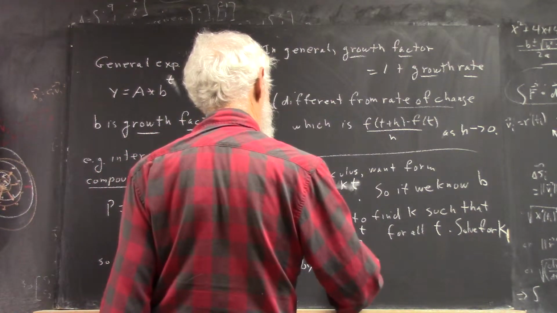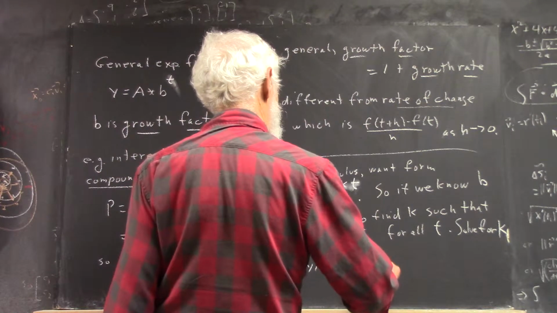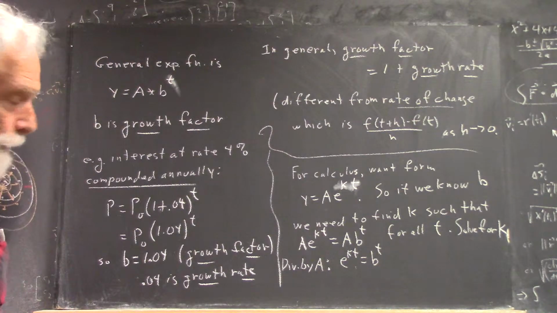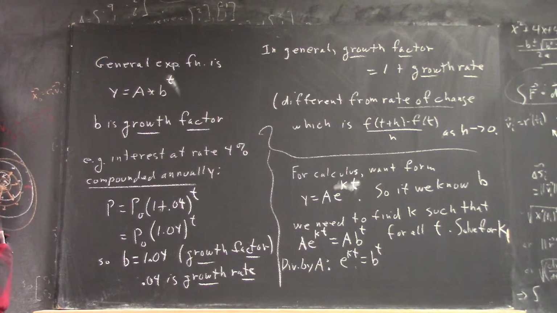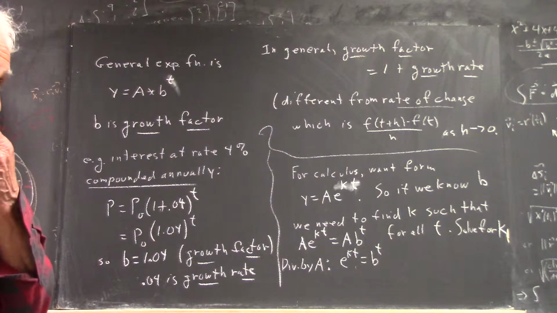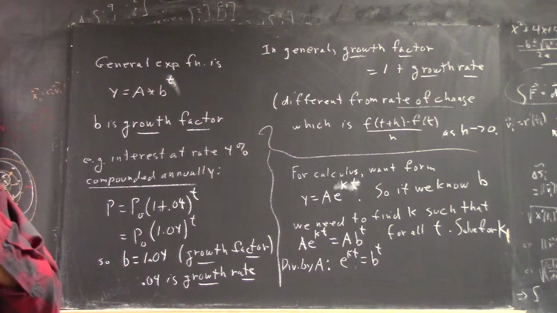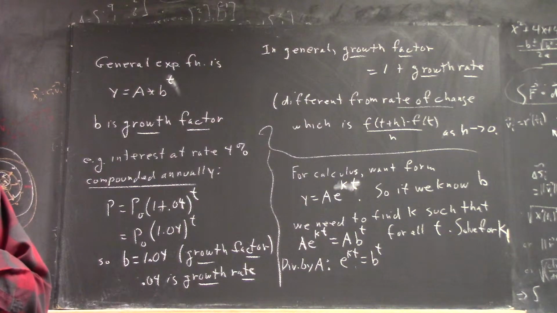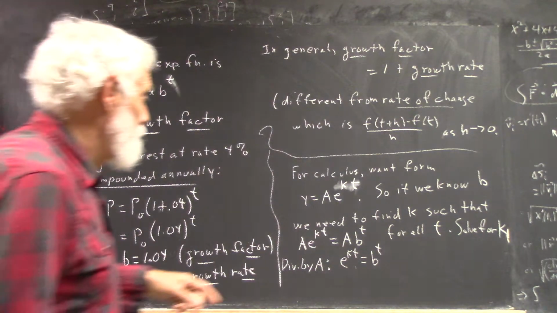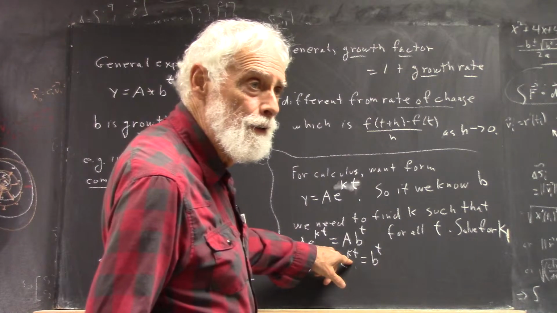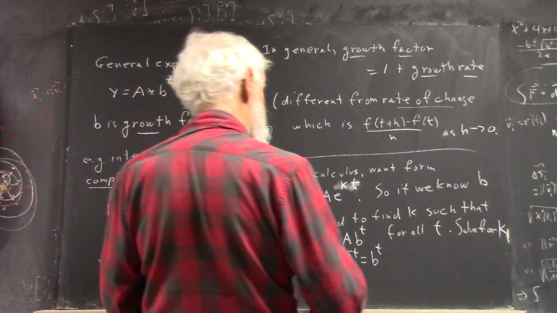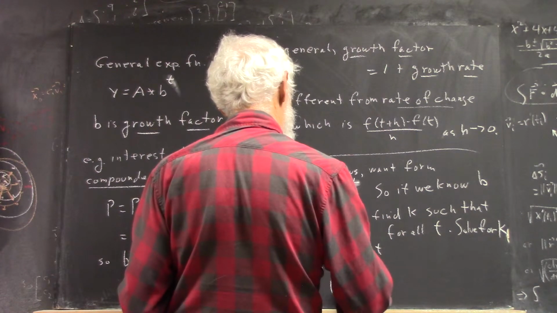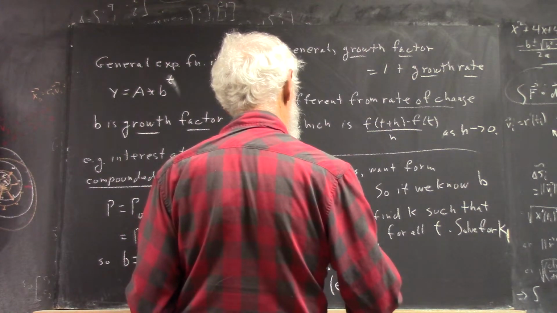Well, then you get e to the kt equals b to the t. Now what do you do? Now it gets maybe a little confusing because you've got to use the laws of exponents, and it's not as obvious. But e to the kt means what? One way to rewrite e to the kt is e to the k, raised to the t power.